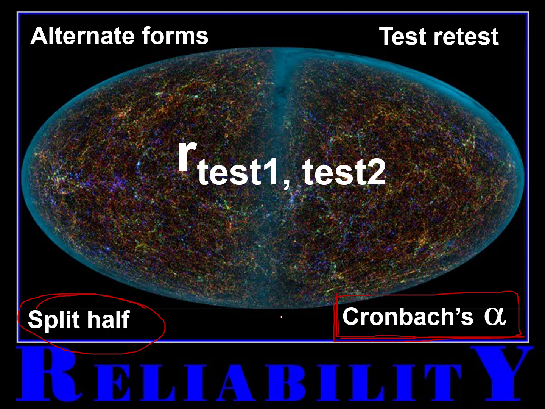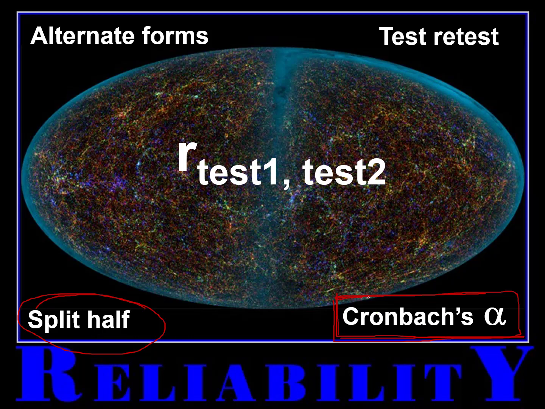Cronbach alpha is a set of formulas that will look at the correlations between the items on my test. So if I have 10 items on my test, Cronbach alpha will use the correlations between the items on my test to estimate how much my test would likely correlate with an alternate form.